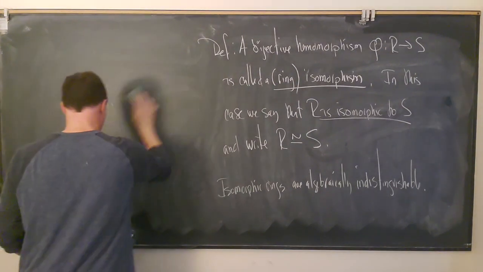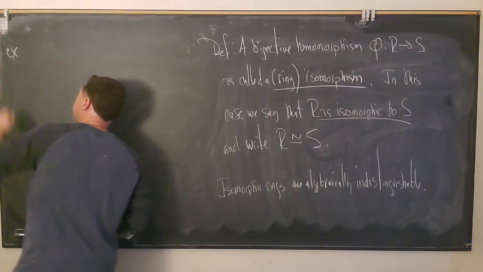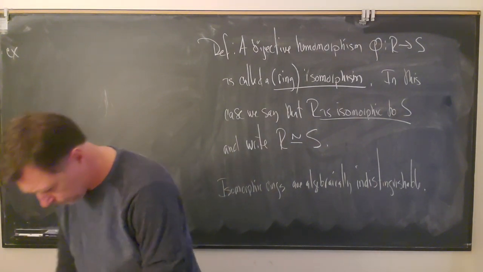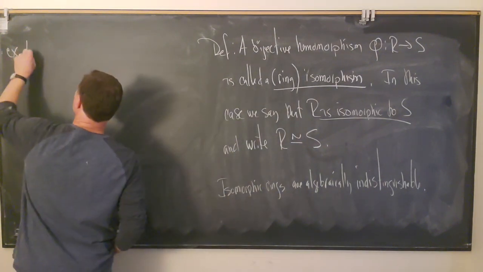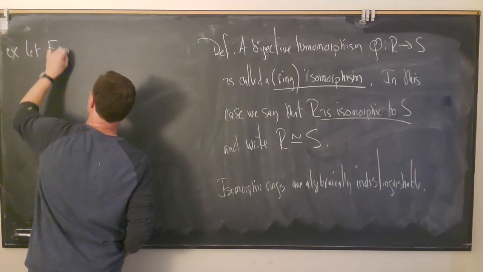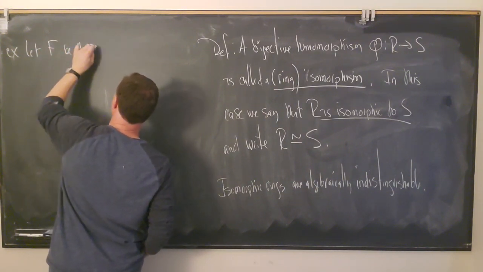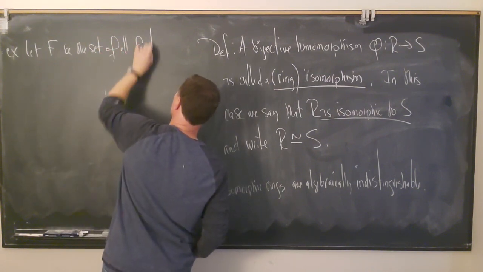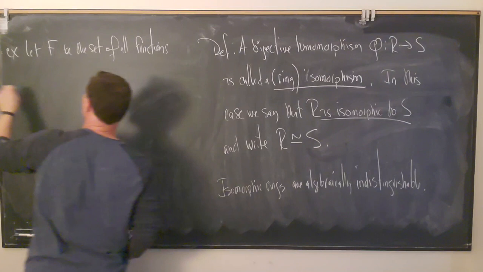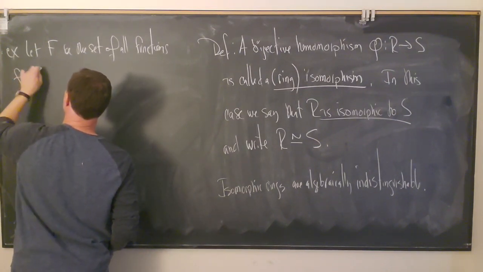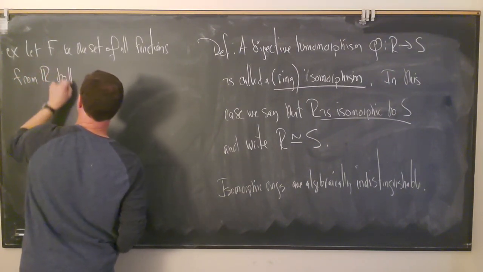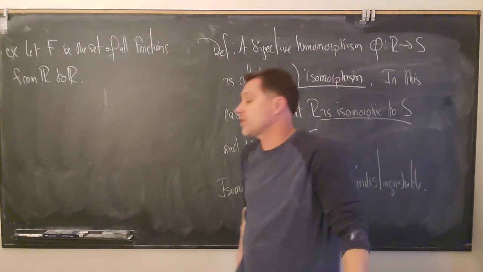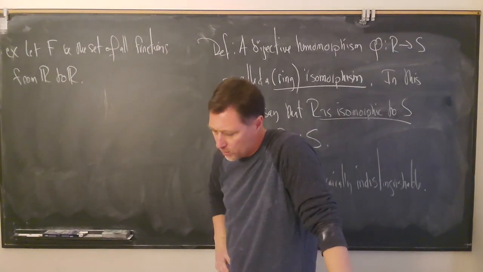Here's an important example I want to look at. Let's let capital F be the set of all functions from the real numbers to the real numbers. And here we're not requiring that there's any structure on these functions. They're just functions, not necessarily homomorphisms or anything like that.